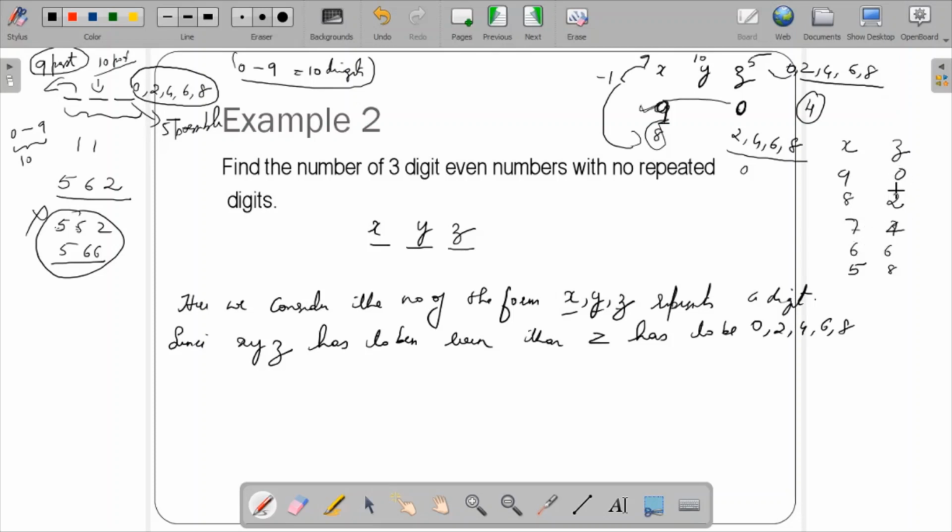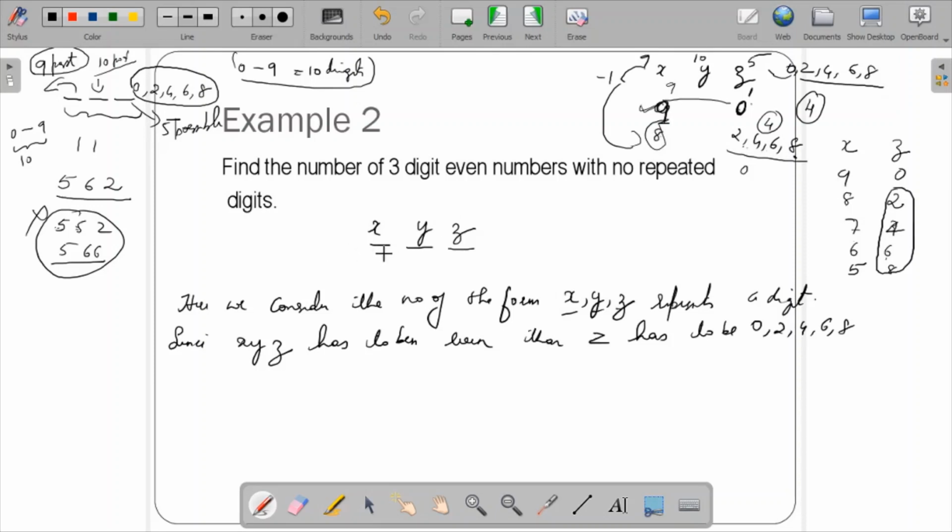But we know that when this is there, X can be directly arranged in 8. Only when 0 I have to check. So I wrote when Z is 0, this has 9 possibilities. When this is 2, 4, 6, I have remaining this 1 minus, that is 8 possibilities. So when Z is 0, this is 1 way and this has 9 ways. When this is 2, 4, 6, that is 1, 2, 3, that is 4 ways, I have 8 possibilities of arranging them.